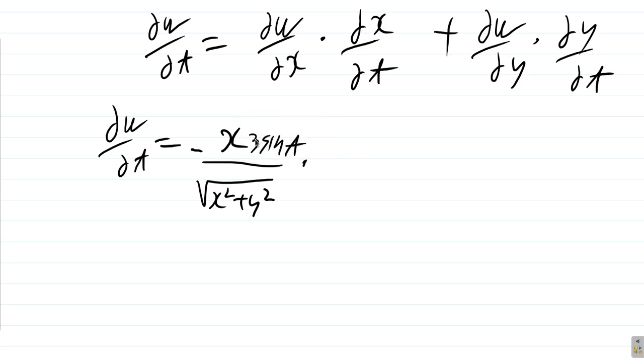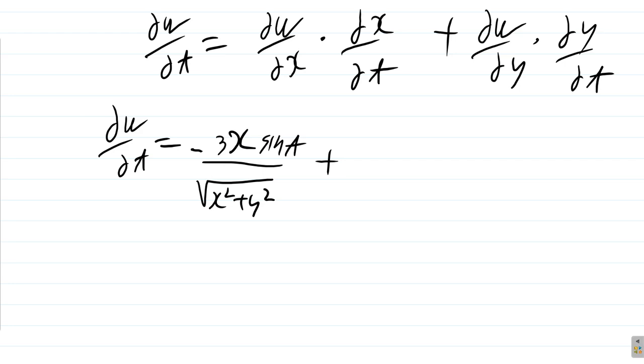Could even write it as 3x sine t. Nice. It's negative 3x sine t. And then you say plus. Alright, so plus what now?